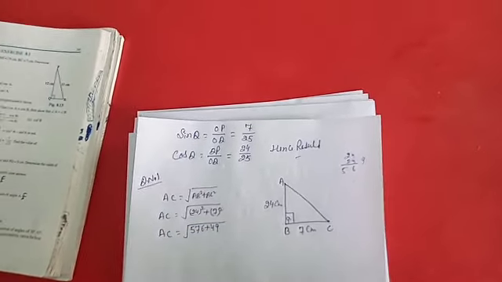Now first you have to find out what? Sine of A. A angle is this. Opposite to this is the perpendicular, BC by hypotenuse AC. BC is 7, so 7 by 25. Cos of A, base AB by AC, 24 by 25.